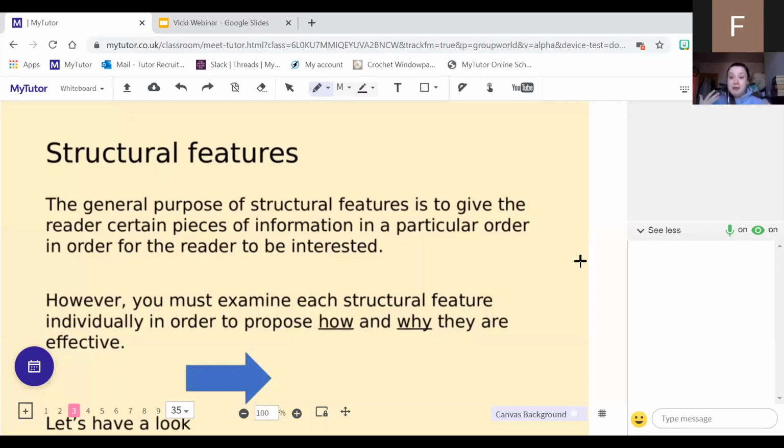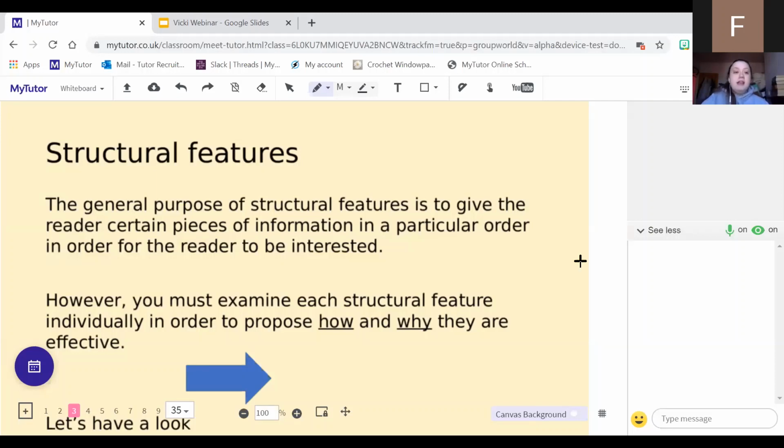Yeah, we know, because when you are writing, you want people to read on and you want them to be interested. That's just the generic fact of why you write something. So we need to think about why they are being done and how and why it's being structured in that way.